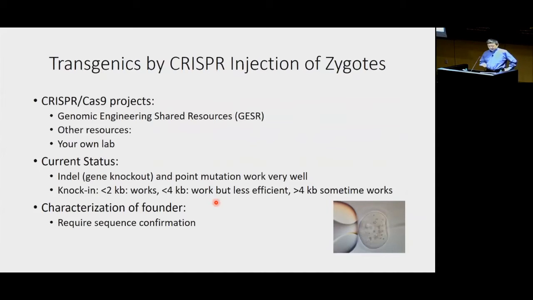This is, let's say, when the original CRISPR came out. At the very beginning, people were very excited because a paper was published in which they created conditional alleles very efficiently. It turns out many labs could not repeat that result.